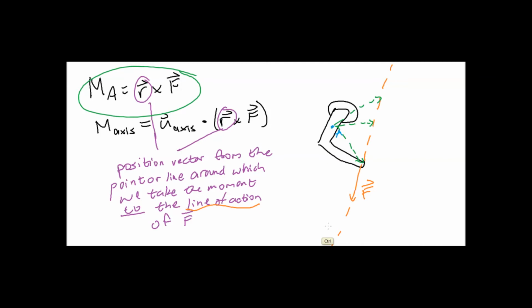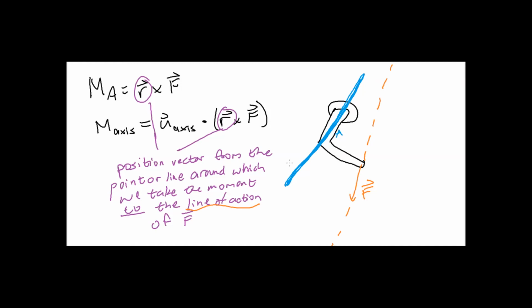Now, let's say that A is no longer going to be a point, but we're going to make A into a line, like this. So in the course, we've been referring to lines as axes, right? So that gets a little bit confusing. When we say axis, we don't always mean the X, Y, or Z axis, although those count here as well.